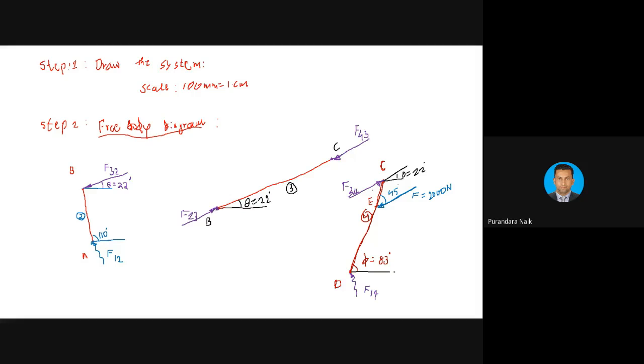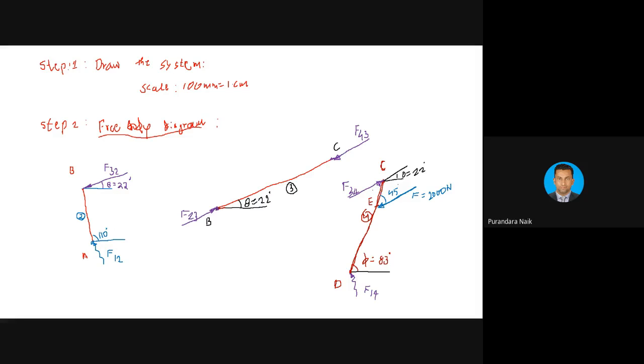See the link number 4. Here we have F34 and the 2000 N force F. These two forces are of known direction. So this fourth link is a member with 3 forces. What is the condition for a member with 3 forces? Point of concurrency. How to find it? You forget about F14 because we don't know its direction and magnitude.